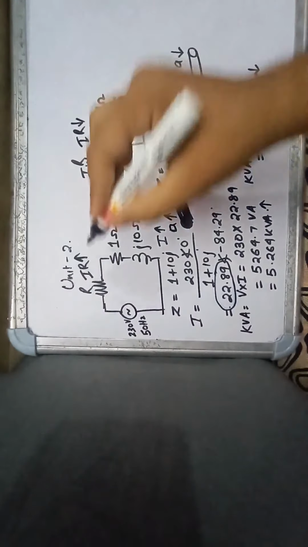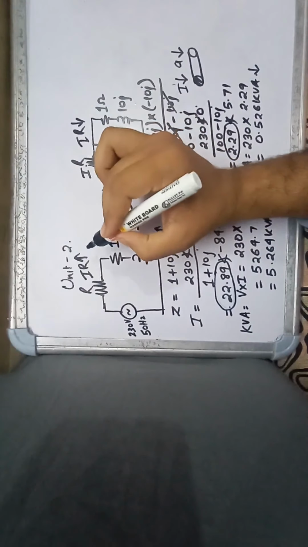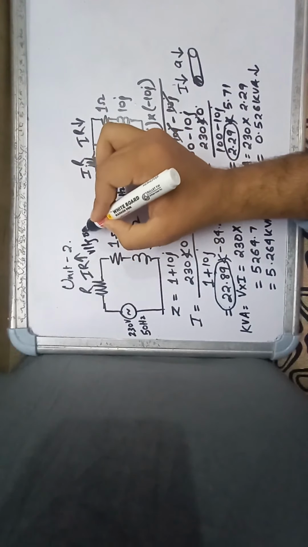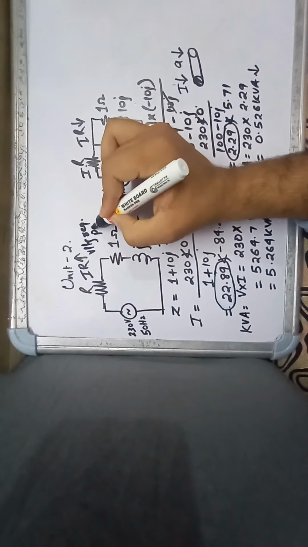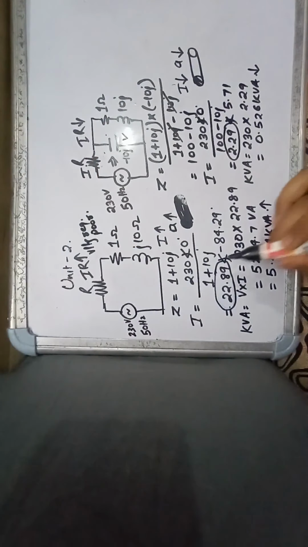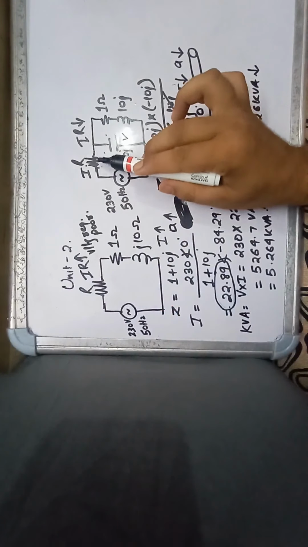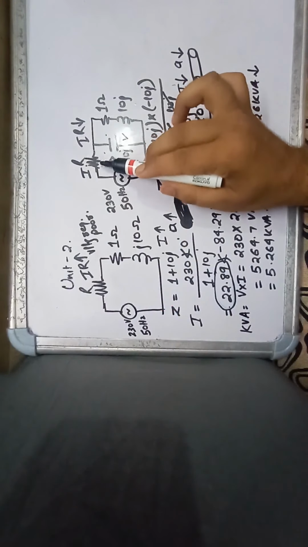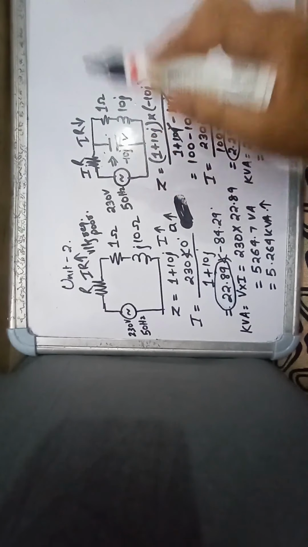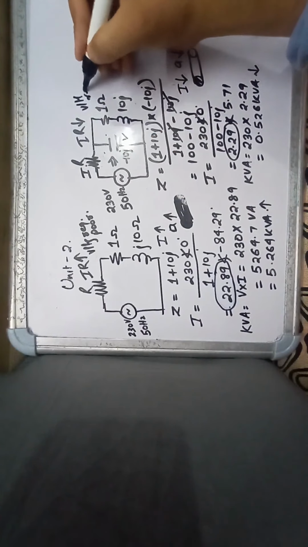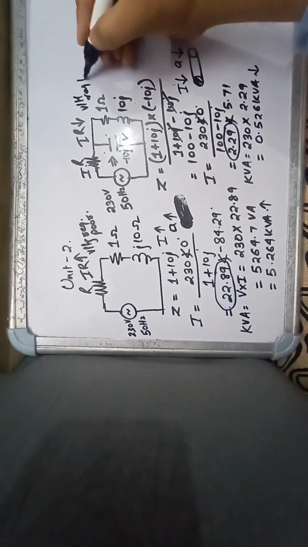This will lead to poor voltage regulation here, since most of the drop occurs in the transmission line. Here as the current is less, the drop will be less, so voltage regulation will be good.